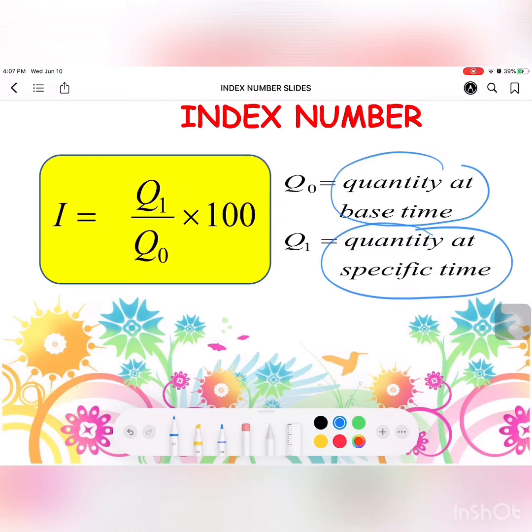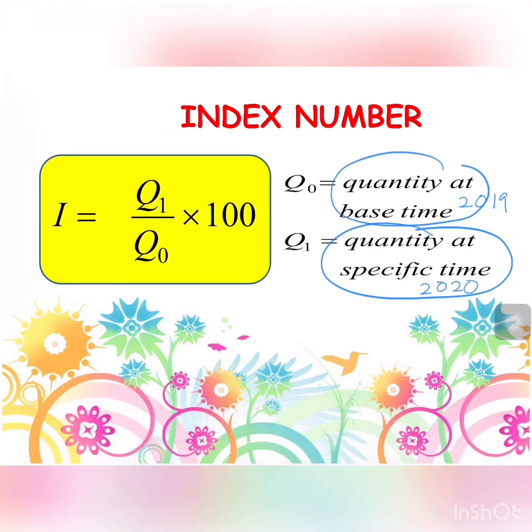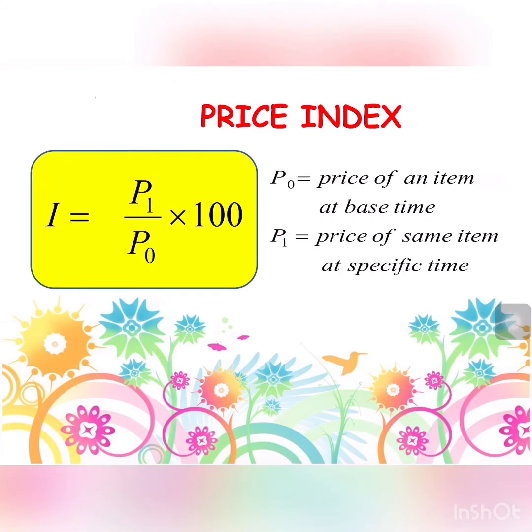In the smartphone example, Q0 means the quantity at base time, which is 2019, and Q1 is at specific time, which is 2020. You don't need to memorize this formula, as it will be given in the formula list. But you need to understand it.